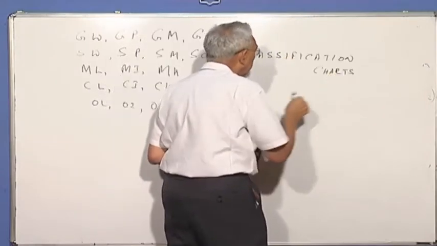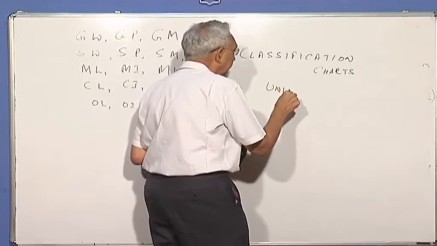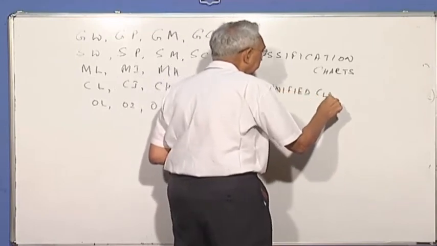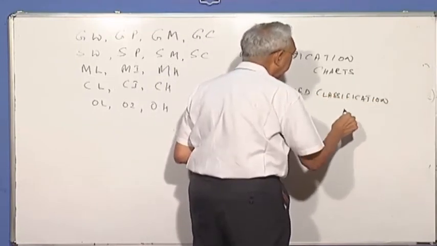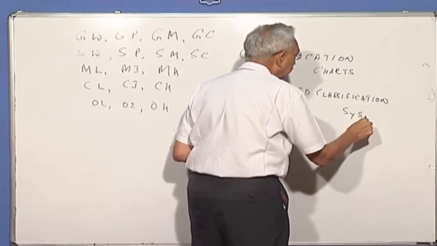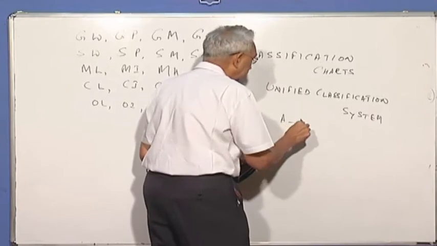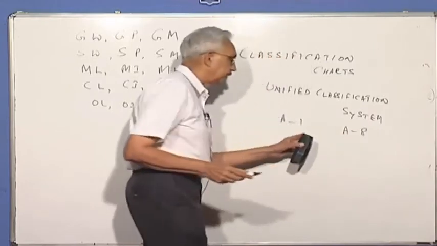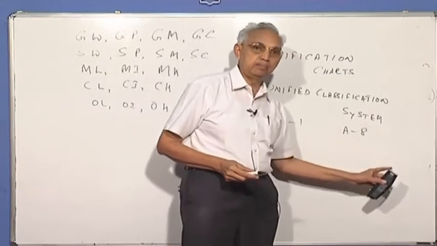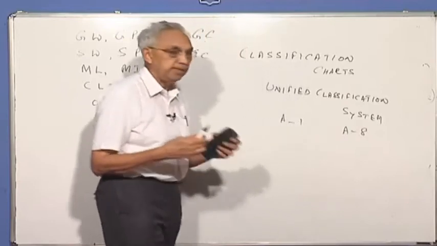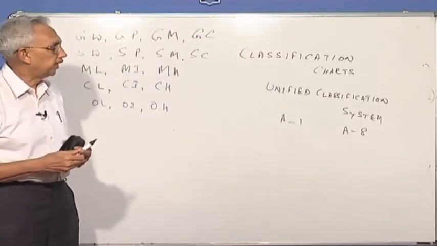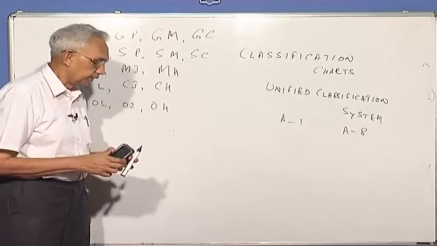The most common one is what is called the unified classification system, which our Indian standard follows. And then we divide the soils into something like A1 to A8, gravel, sand, etc. Then you get highly plastic clays, and they tell you what are the difficulties in handling different types of soils.